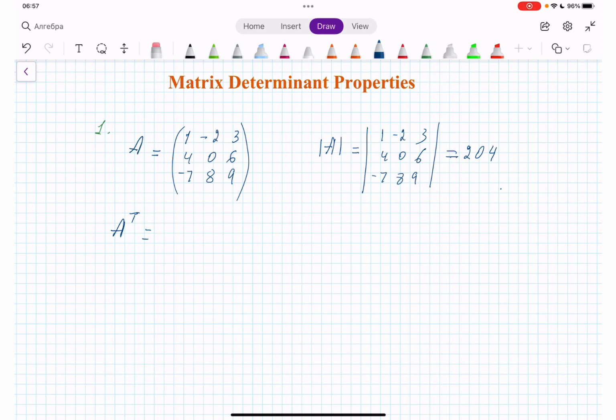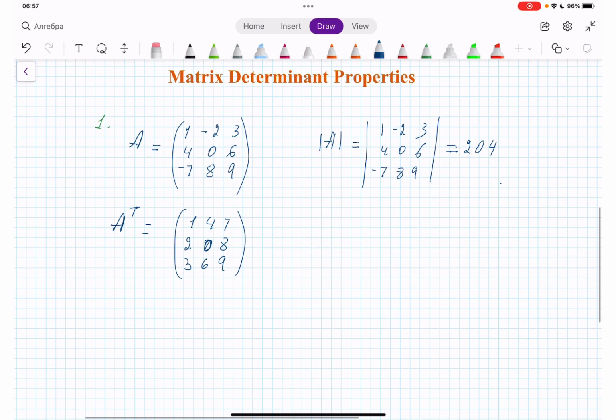The first column I am writing as a row: 1, 4, 7, then 2, 0, 8, and 3, 6, 9. Practically all rows I wrote down as a column.